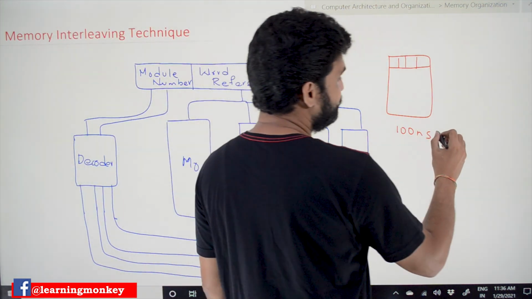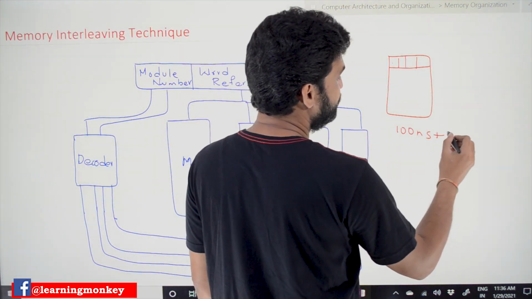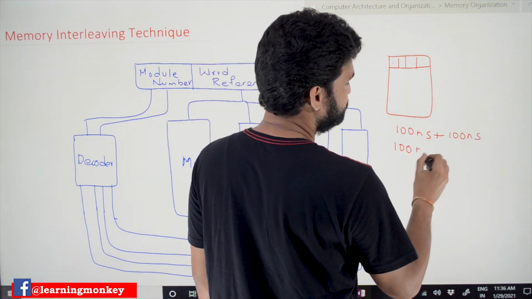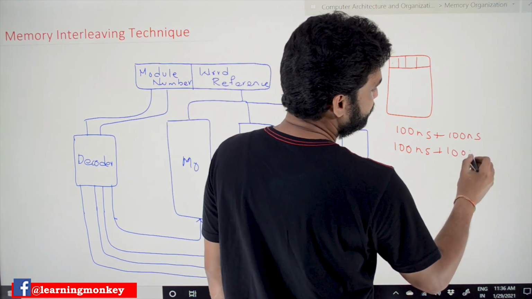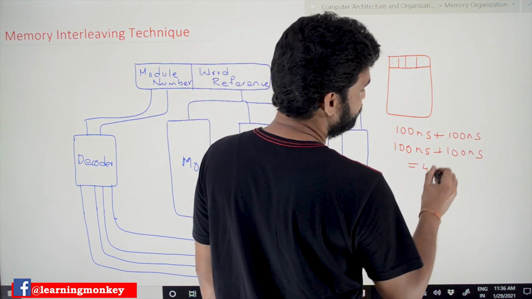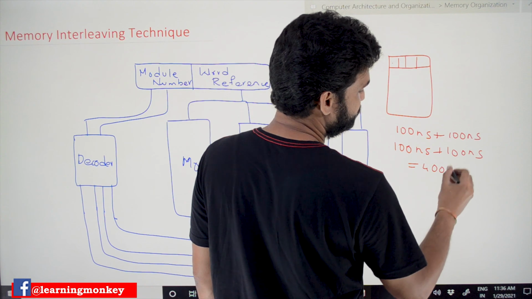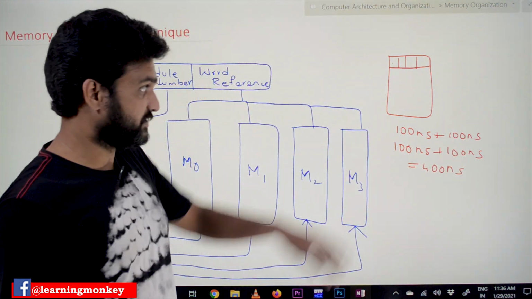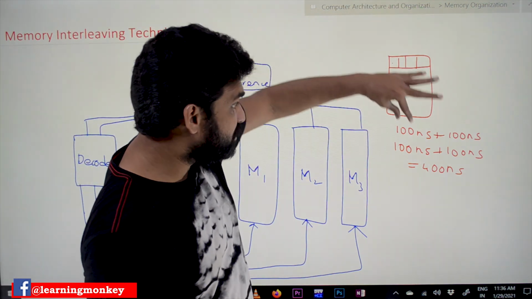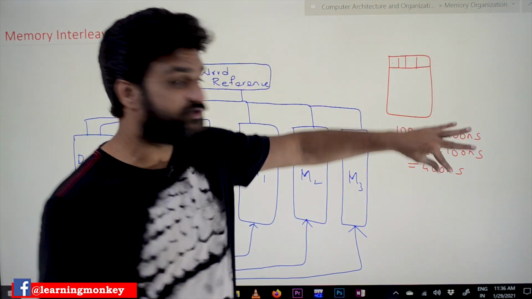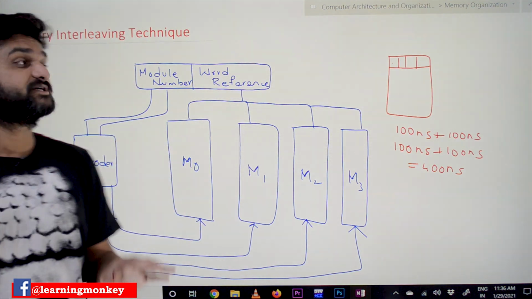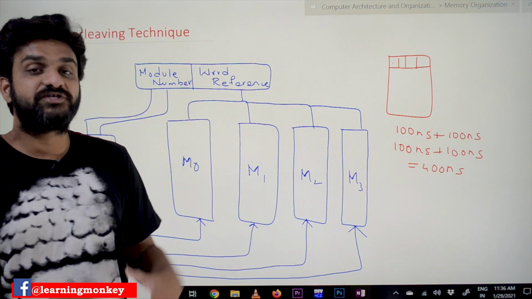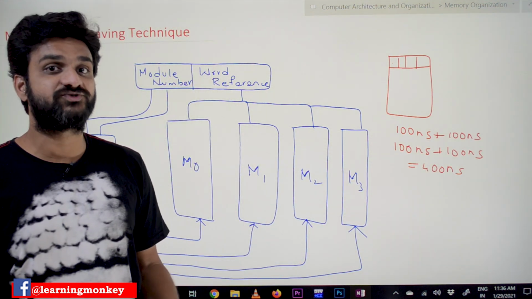For each word, it is going to take 100 nanoseconds. As we have 4 words, it is going to take 400 nanoseconds to copy one block of the main memory onto the cache memory. So this is the concept that we have discussed so far.